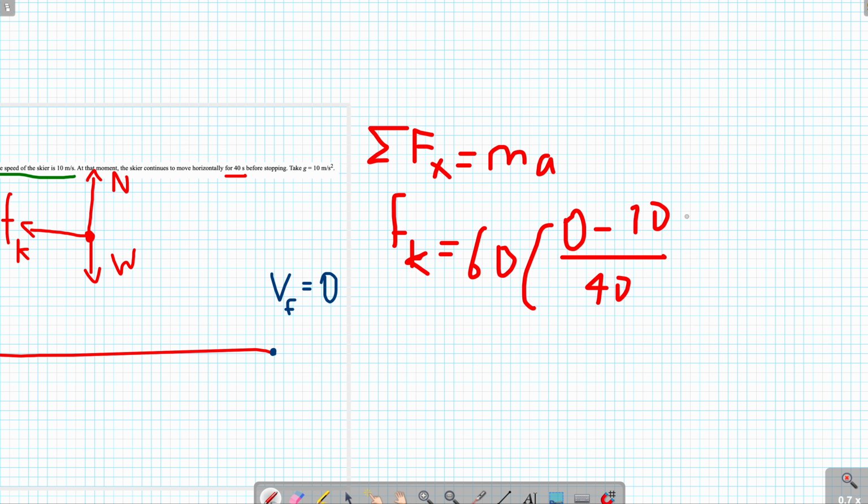By the way, friction is negative because it's opposing the motion. So you'll get friction is 15.